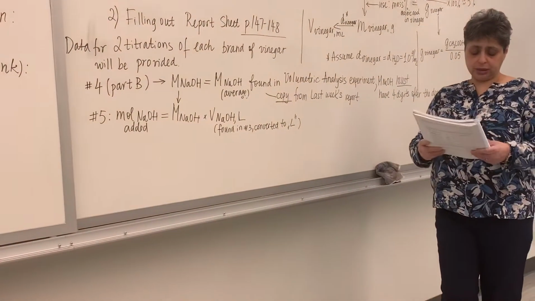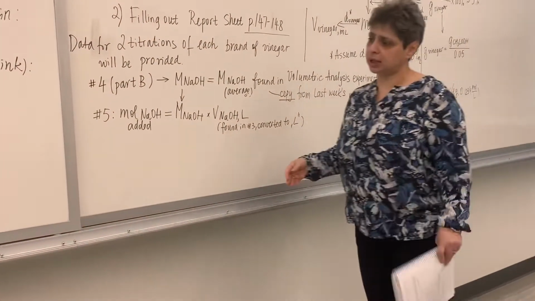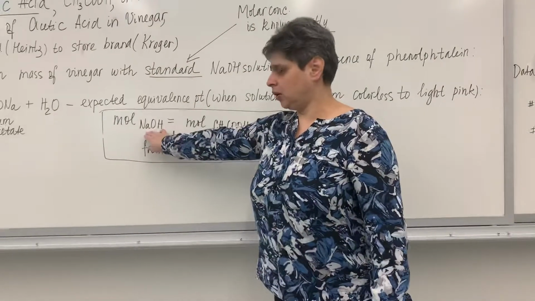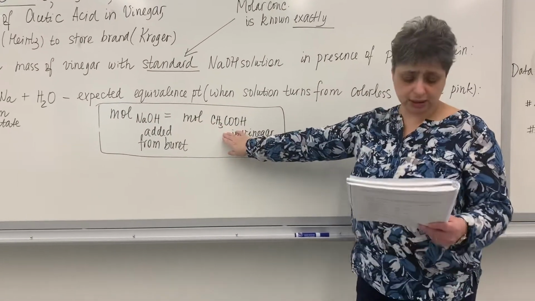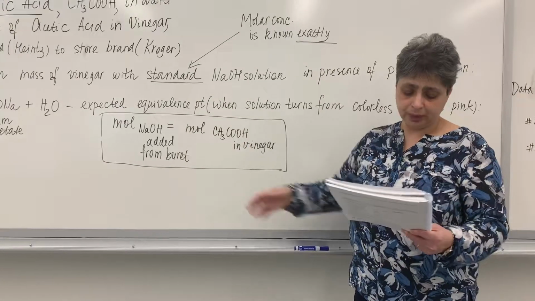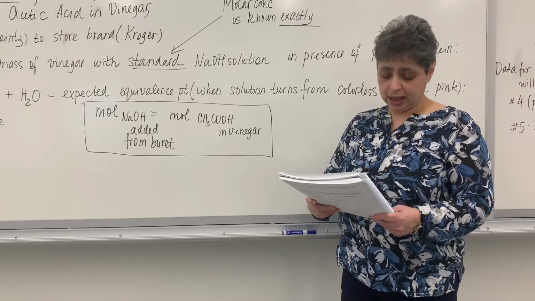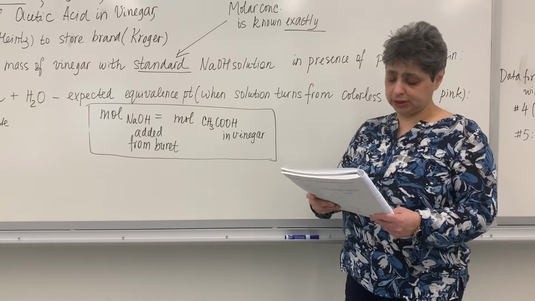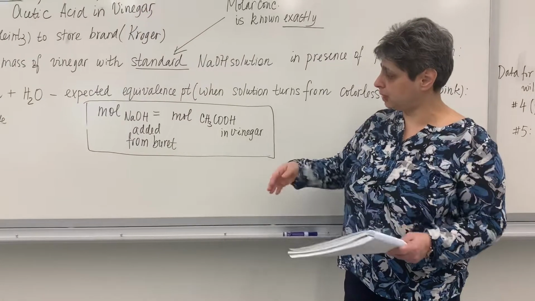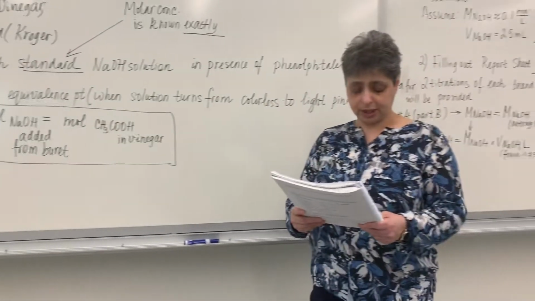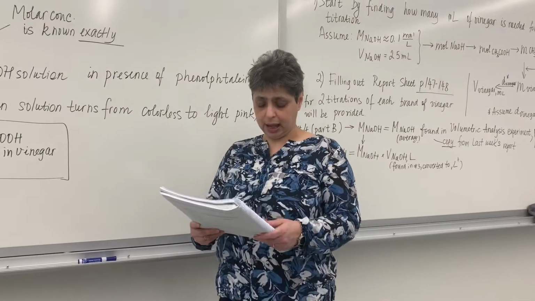From that point, once again, assuming the titration was done to equivalence point, if you know moles of NaOH, you can find moles of acetic acid, which is the next entry on your report sheet under number 6. And then once you have moles of acetic acid, you're going to use its molar mass to find its grams, and finally mass percent under number 8.